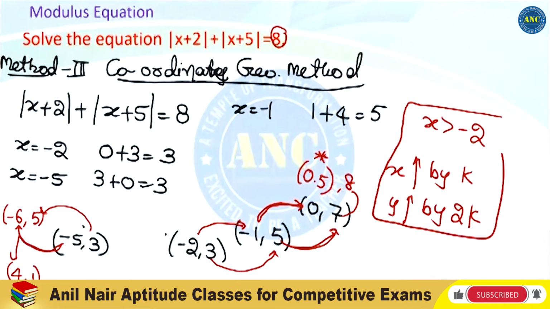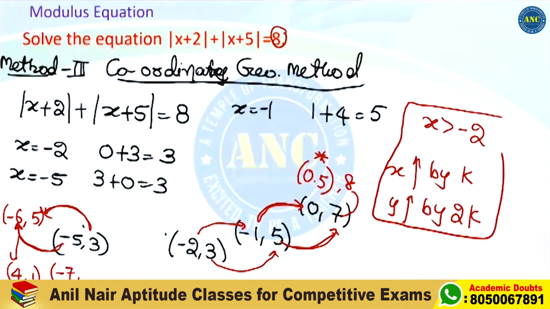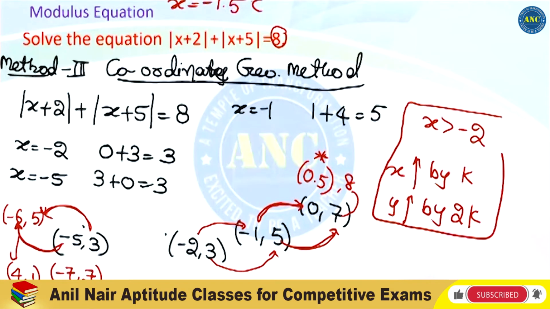To increase y by 1, x decreases by 0.5. Answer is minus 7.5 comma 8. So x equivalent to minus 7.5 and 0.5. I hope it is clear. Coordinate geometry method.